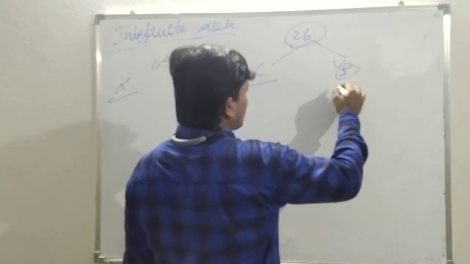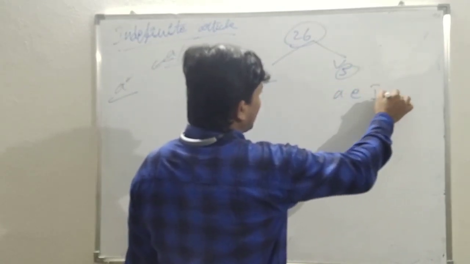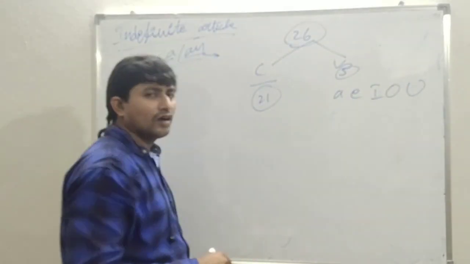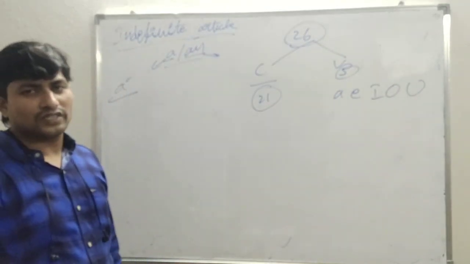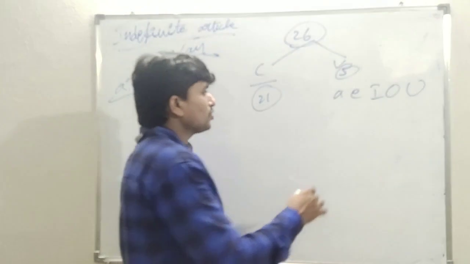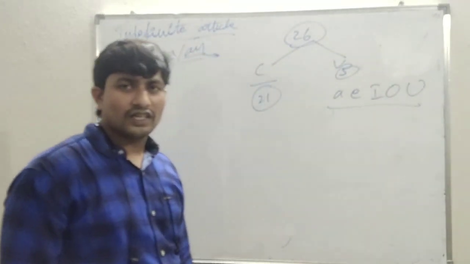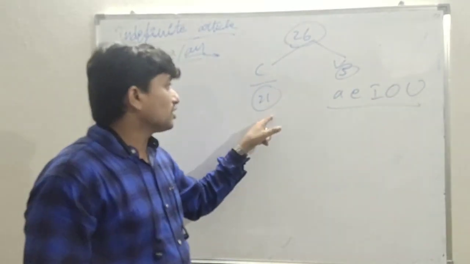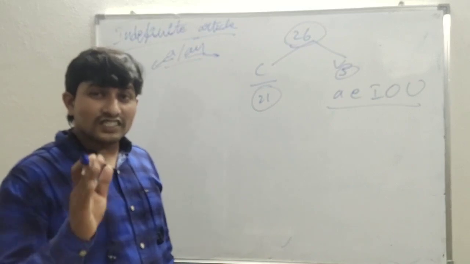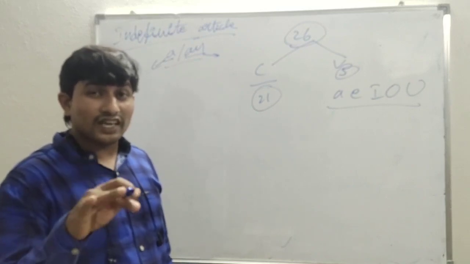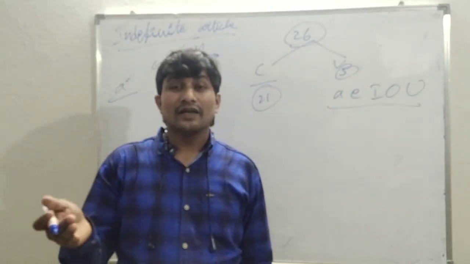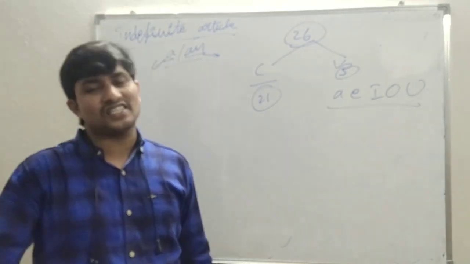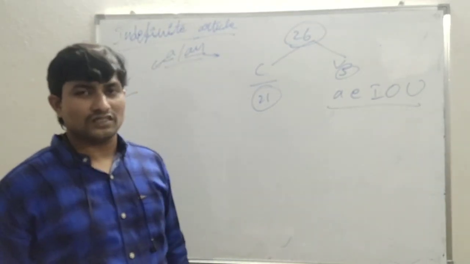Vowels are 5: A, E, I, O, U. The rest of the 21 are consonants: B, C, D, F, G, H, J, K, L, M, N, P, Q, R, S, T, V, W, X, Y, Z.